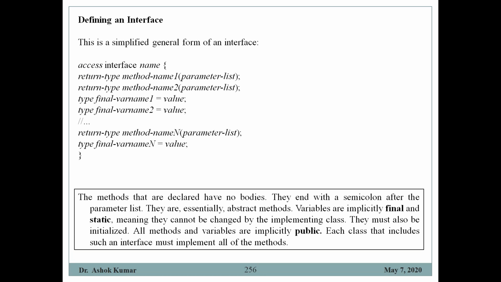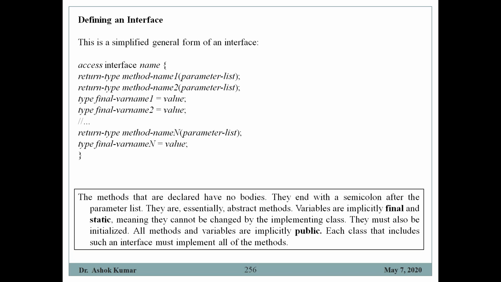If you don't write any access modifier, that means the interface will have default access and it will be accessible in the same package. So the rules that we have already discussed apply to interfaces also, with respect to the access of the interface, whether you have created a default access interface, a private interface, or a protected interface.